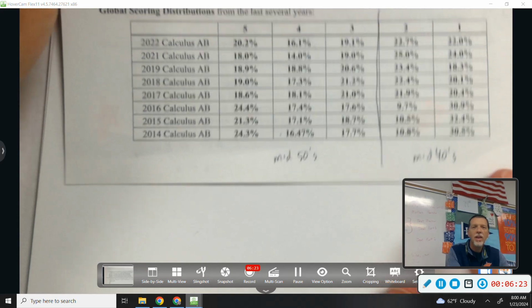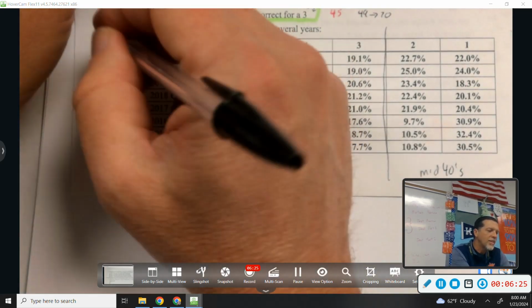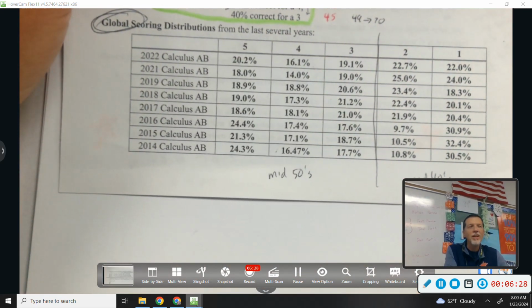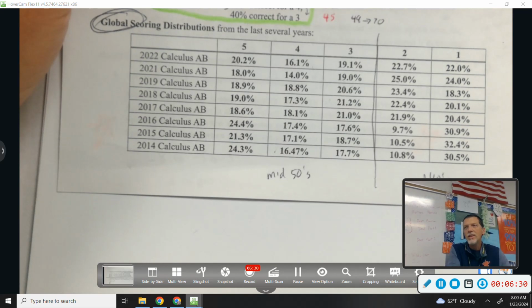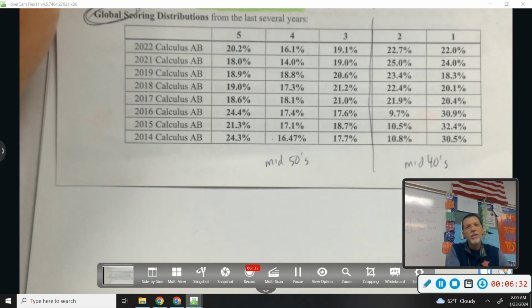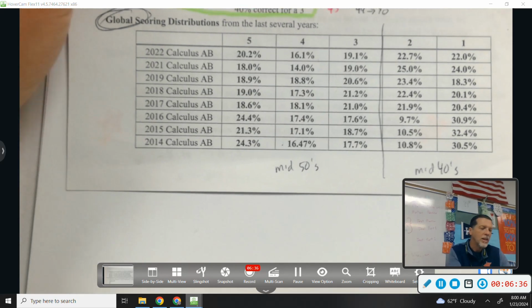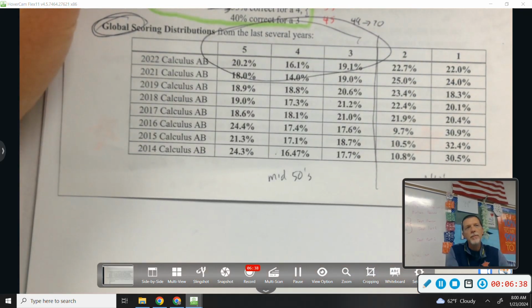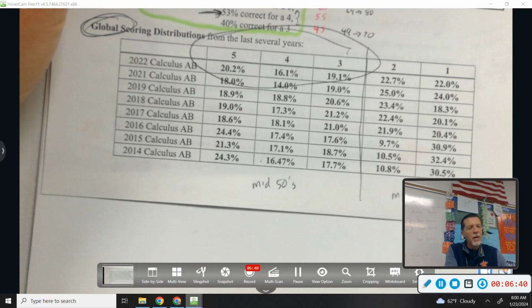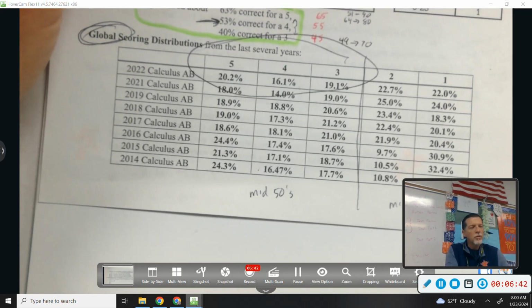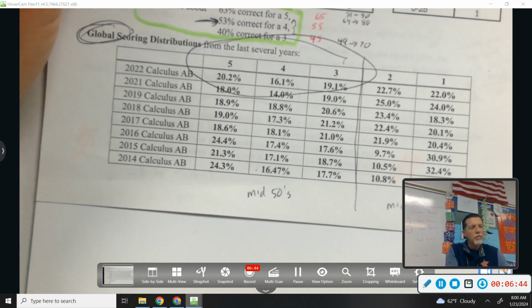But this is global, so I don't even know how that helps us. We're not global. You're students at Kingwood High School, so we're not worried about what everybody else is doing for this. Okay, so that's a little background on free response and what the AP test looks like.